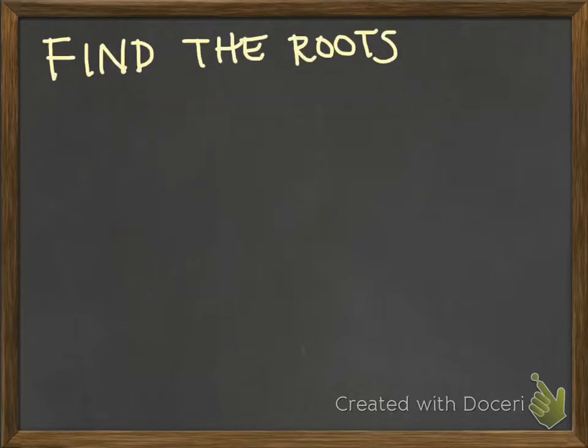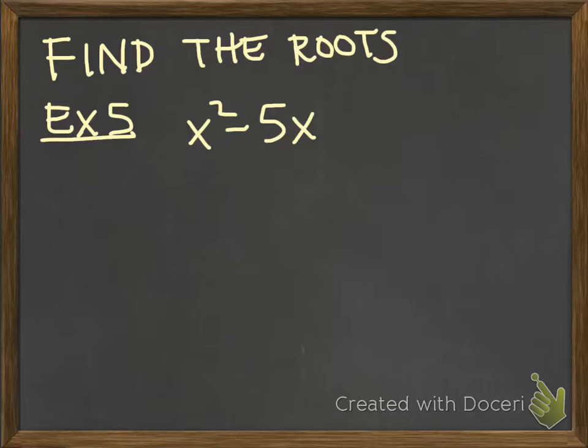Okay, on the last two examples, the way it's going to be written in the book as well as the CSTs is they'll just say find the roots. So again, this is zero product property. On example 5, all it will show is the problem, x squared minus 5x, and it will say find the roots.